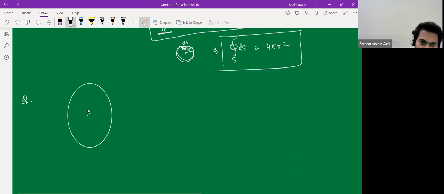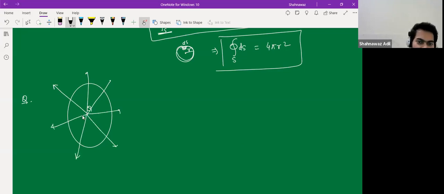I have put a Q charge at the center, so you guys can tell me that the electric field lines would be like this, right, guys? So I am calculating the flux through this surface.